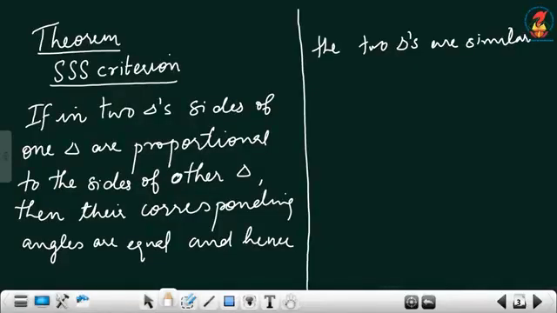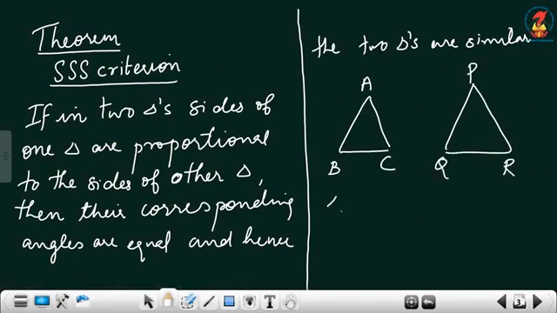Second one is SSS criterion. If in two triangles, sides of one triangle are proportional to sides of the other triangle, then the corresponding angles are equal, hence the two triangles are similar. That means consider a triangle ABC and triangle PQR.